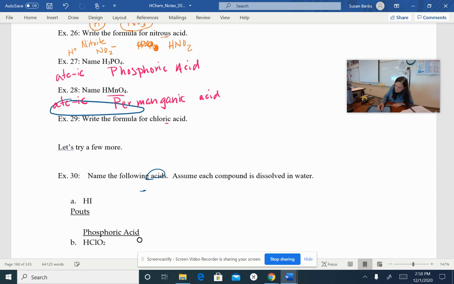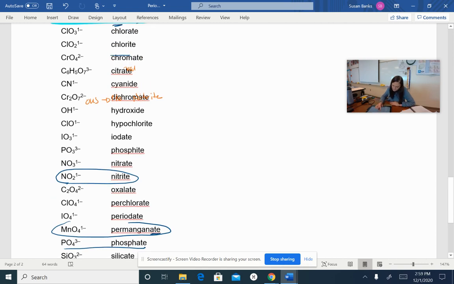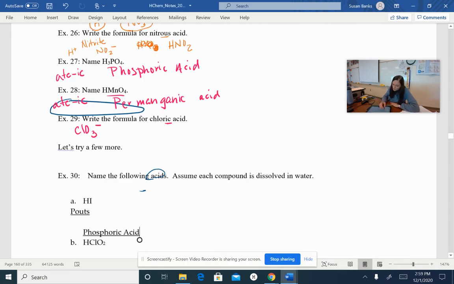Okay, chloric, which means that we need to find chlorate. Chlorate is ClO3 negative 1. If that's a negative 1, how many hydrogens do I need to balance that charge? Hopefully you said 1. So I need 1 hydrogen and 1 chlorate ion. So there, that will be chloric acid.